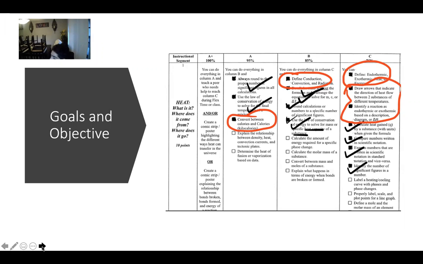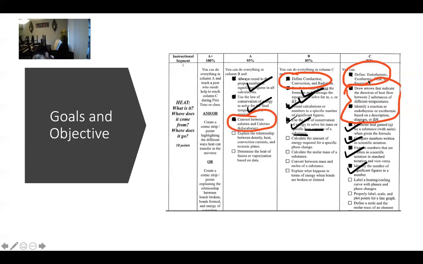Yeah. Is that strategy working for you? Yeah, it is. Okay, and then we talked about numbers in scientific notation, vice versa, and we compared numbers written in scientific notation. So I think you're pretty much good with that. I think the only thing that we haven't talked about in column C is identifying reactions as endothermic or exothermic.